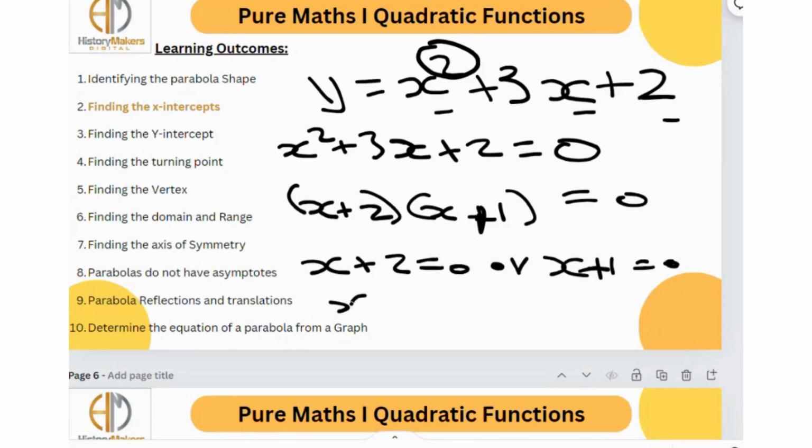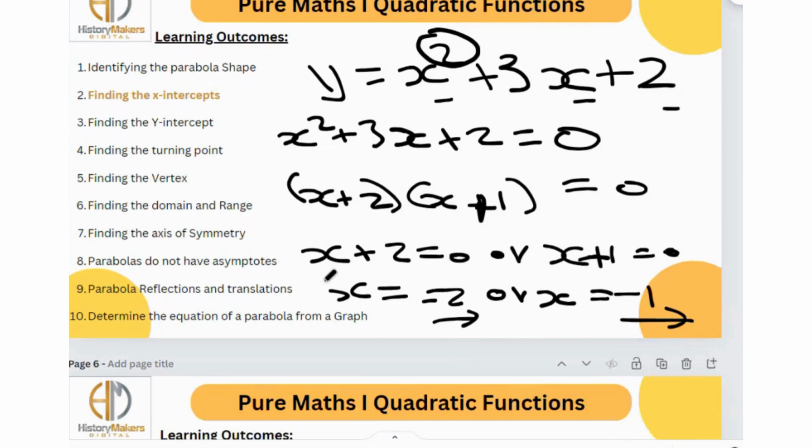Which eventually will give us x is equal to minus 2, or x is equal to minus 1. So these will be our values where there is an x-intercept and y is 0. And this is how you find those 2 particular points, so that you can plot them on the graph.